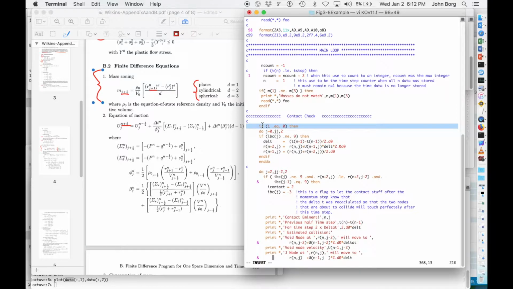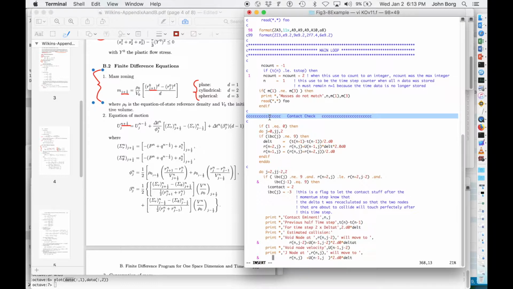And I've got these flags set in here. If I don't want to echo certain things or do want to do certain things, then I can set them on and off. Here, by turning this 1 equal to 0, I've basically turned everything off within this if loop. And this if loop is the contact check. That means if you started the simulation with a gap between the flyer and the target, then these nodes would have to come together.